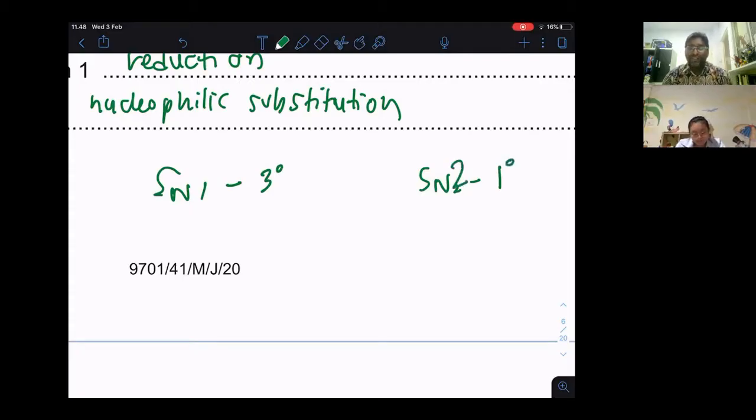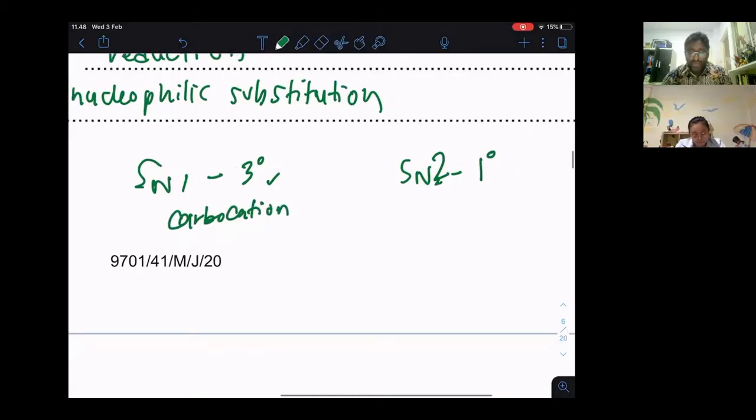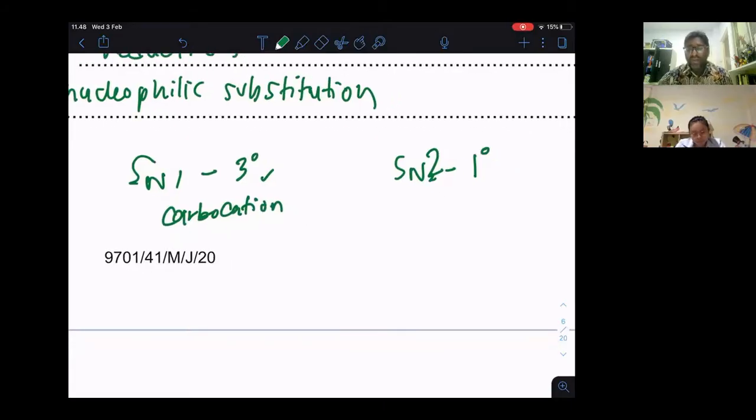If you have a tertiary halogenoalkane, it means there is formation of a tertiary carbocation. According to Markovnikov's rule, tertiary is much better, it is more stable. So for tertiary, SN1 is the formation of carbocation. For SN2, you don't want a primary carbocation because it is not stable, so it involves a transition state or intermediate.